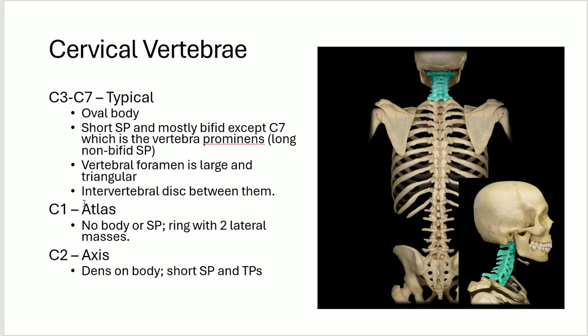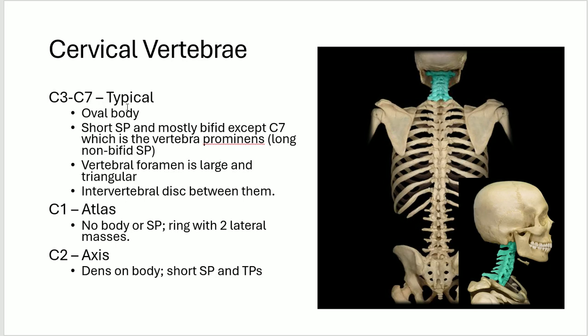I think I made a mistake earlier when I said C1 through 6 over here. C3 through C6 are bifid, but C7 is the only one that's not. C1 and C2 are in their own field there. So apologies for that mistake. I just realized I made it.